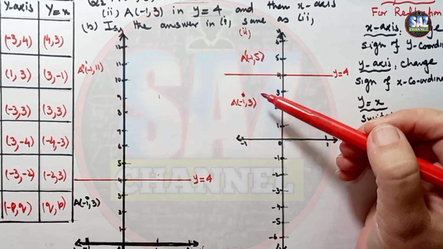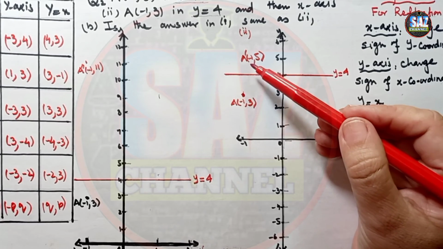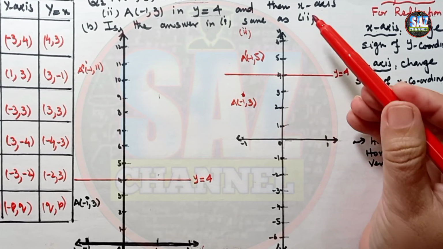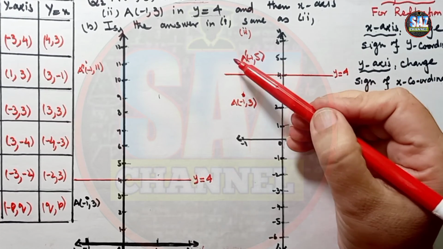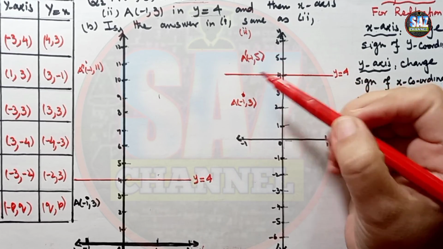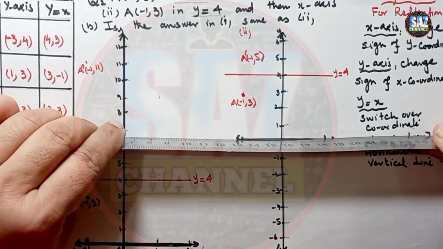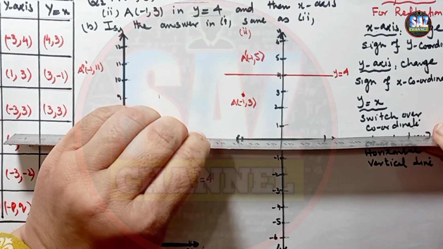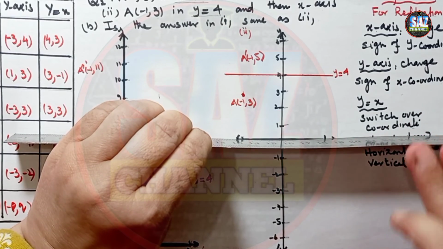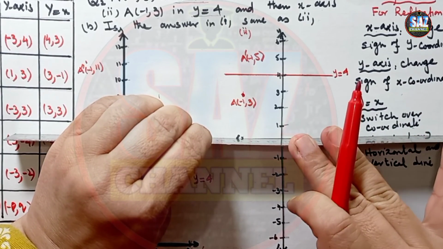After reflecting this object in the mirror y equals 4, I have to reflect this object in the x-axis. It means I have to reflect this A dash (-1, 5) in the x-axis. The x-axis has become the mirror.